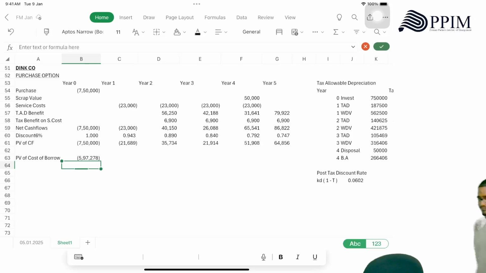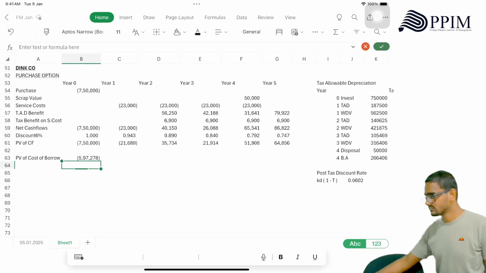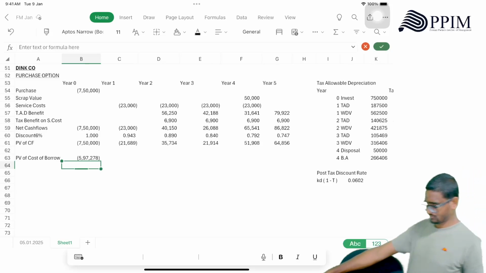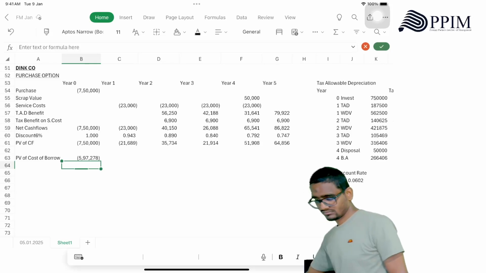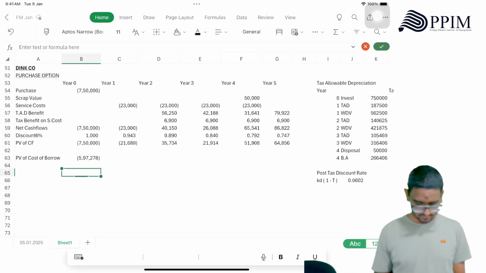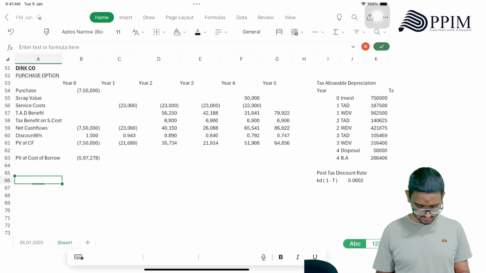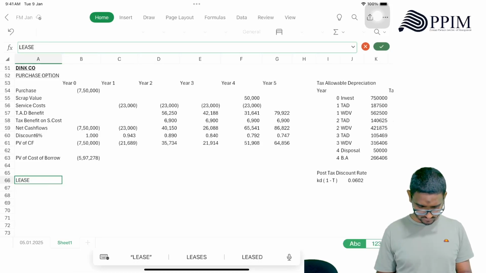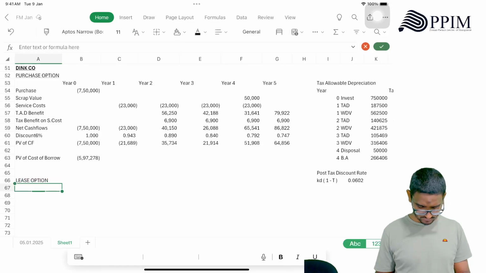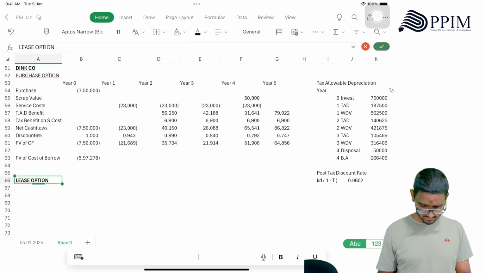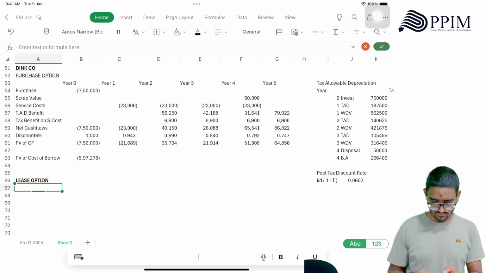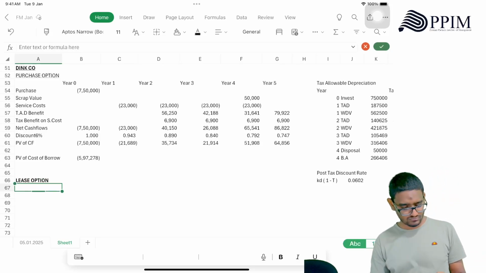Okay, do the lease option also. Same KV, same for lease.